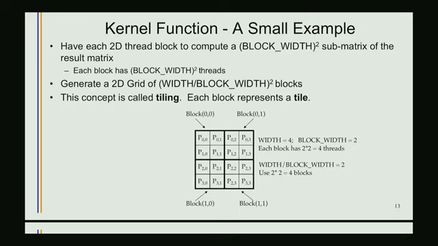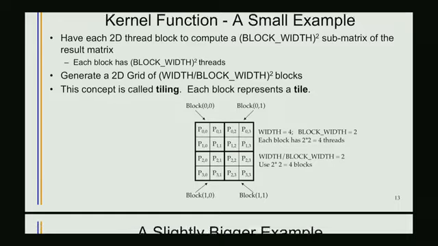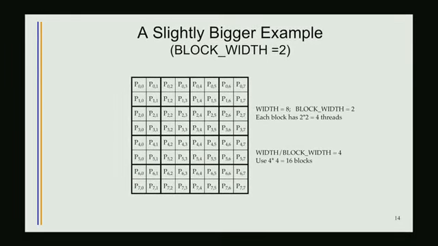Okay, so, said another way, we're going to take the output matrix P and tile it with these blocks. For the moment, we'll keep things simple. P is square, things are powers of 2, makes for nice code, at least in lecture. So, slightly bigger example.